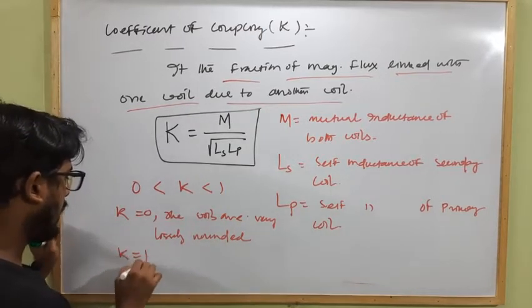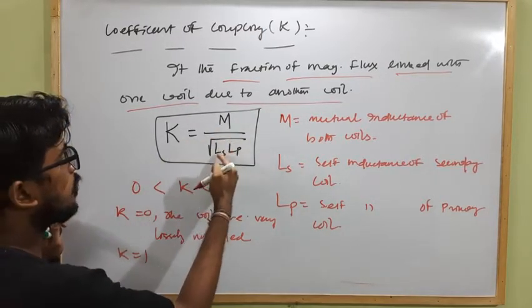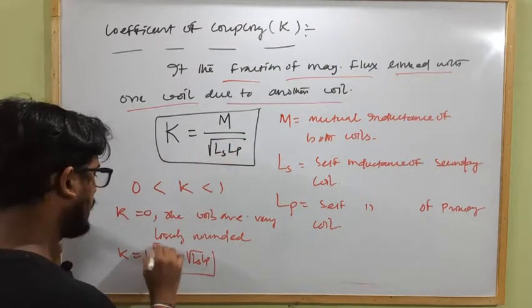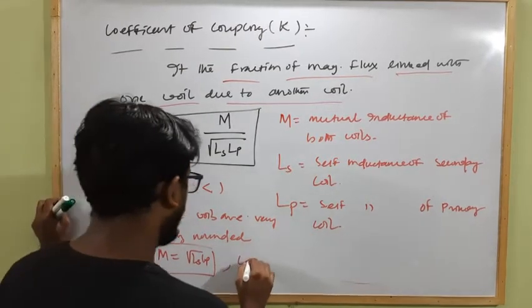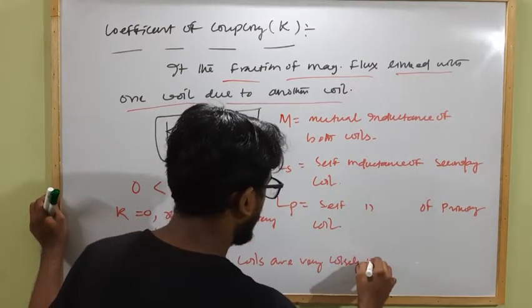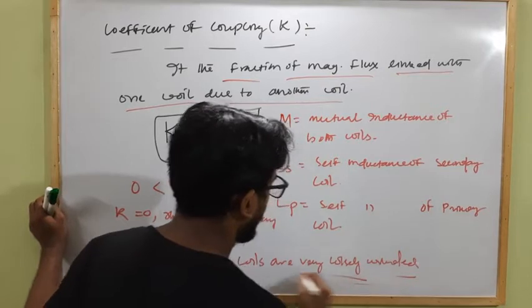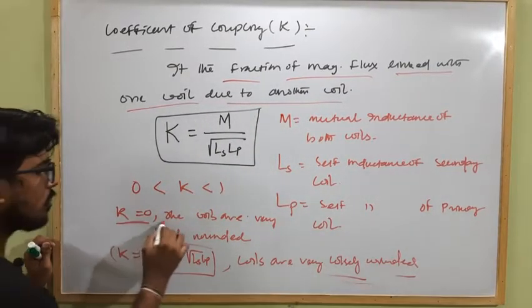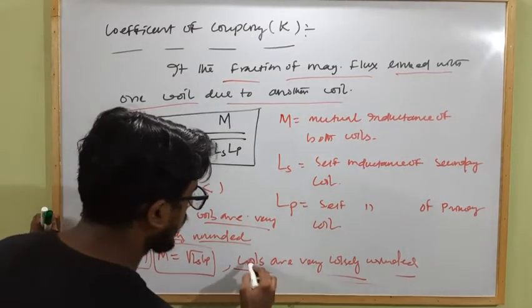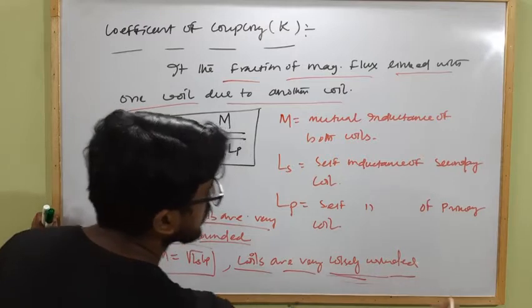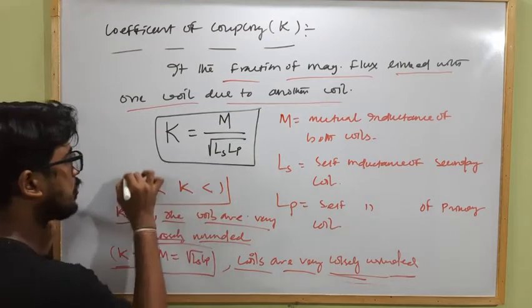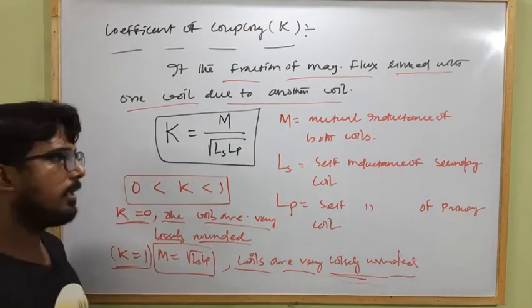When K equal to 1, M equal to root over of Ls into Lp, so the coils are very closely wound. So when K equal to 0, the coils are very loosely wound, and when K equal to 1, the coils are very closely wound. Clear? But practically, the value of the coefficient of coupling lies between 0 to 1. Okay, clear?